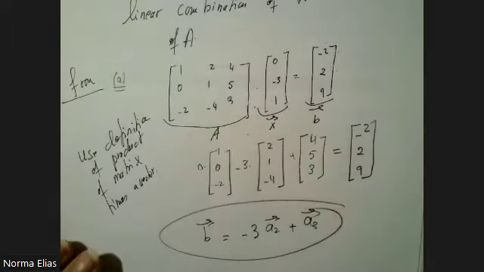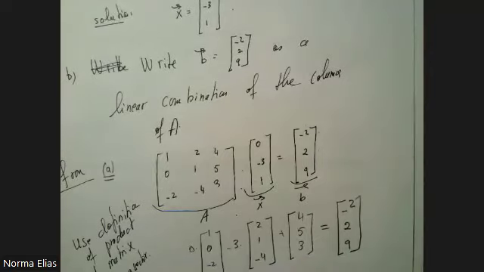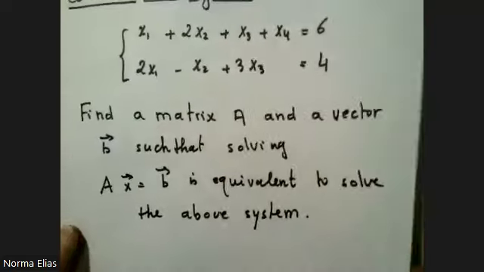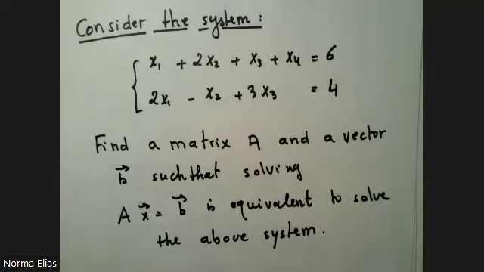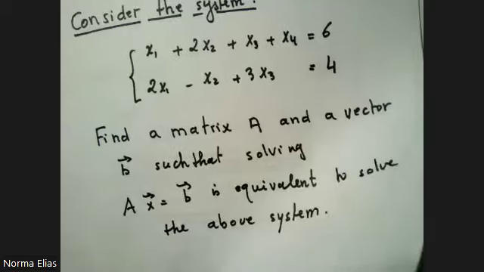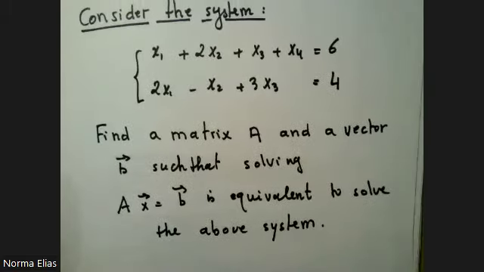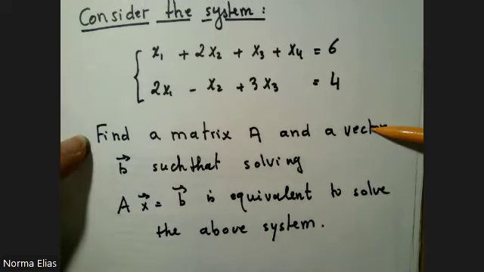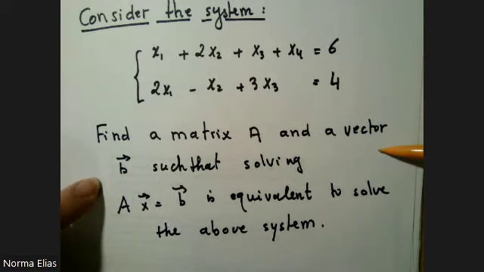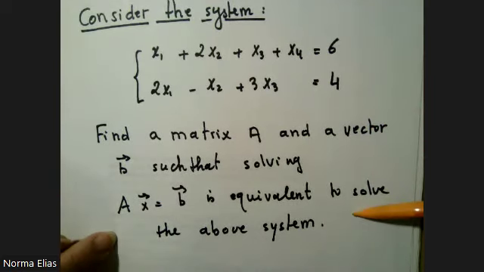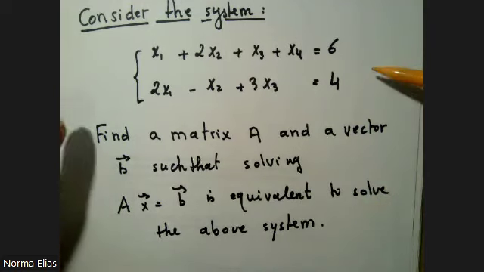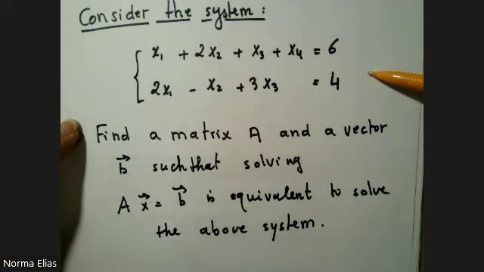Now, the last thing from this section we're going to do is the following idea. Very simple, but I'm going to put something in front of you. Okay. Let us consider the following system. So my question is, find a matrix A and a vector B such that solving the matrix equation AX equal to B is equivalent to solving the above system.